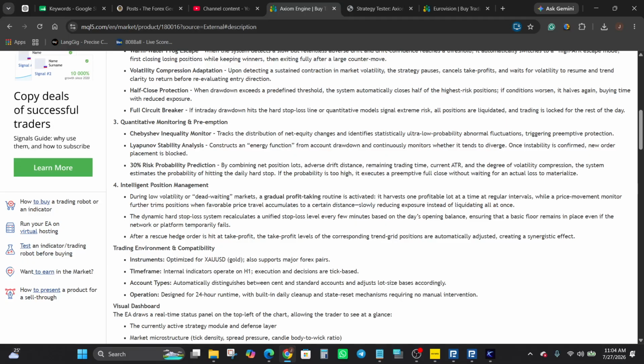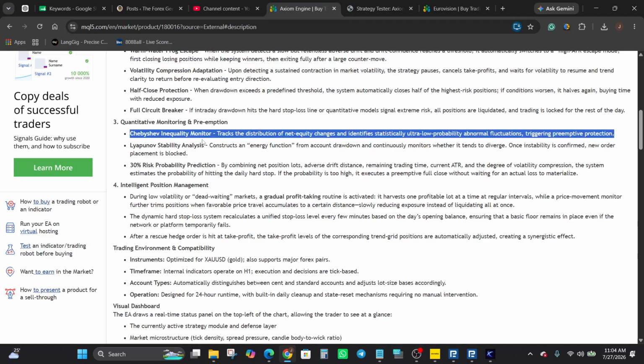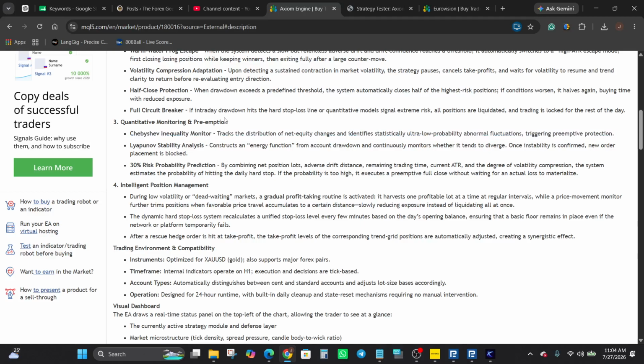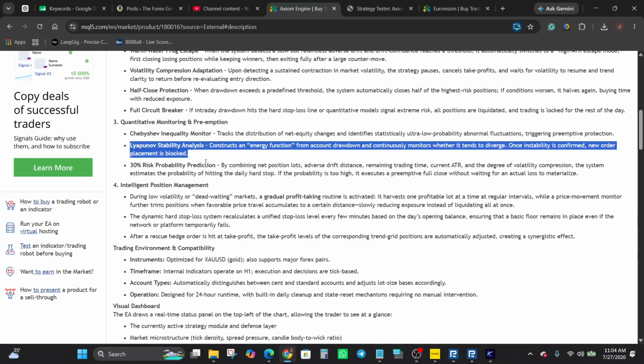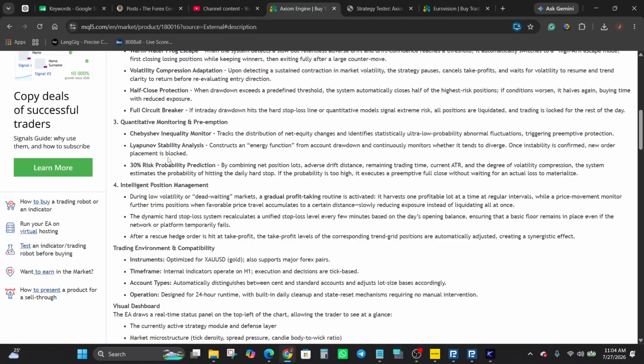On top of that sits a quantitative monitoring layer, a Chebyshev inequality monitor that flags statistically extreme equity swings, a Lyapunov stability check that watches whether the account's drawdown pattern is trending towards stability or divergence, and a predictive model that estimates the probability of hitting the daily hard stop and can trigger a preemptive close before an actual loss materializes.